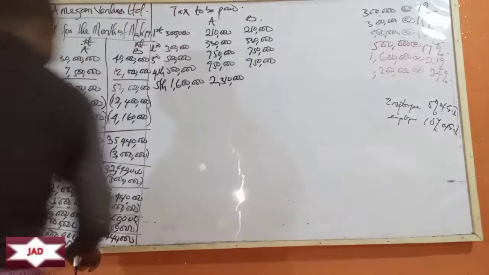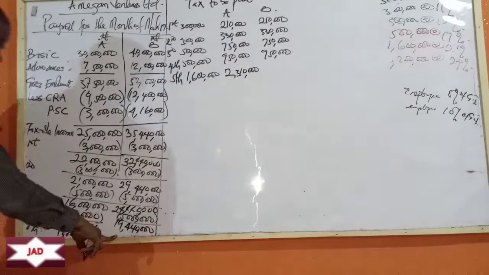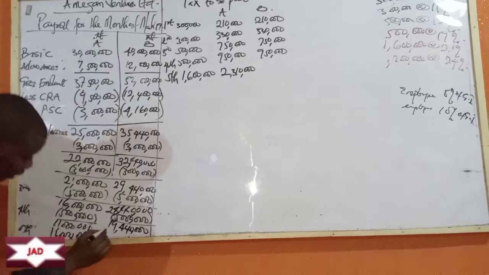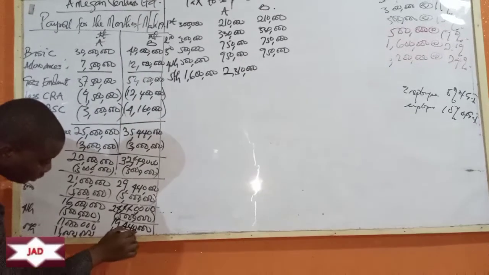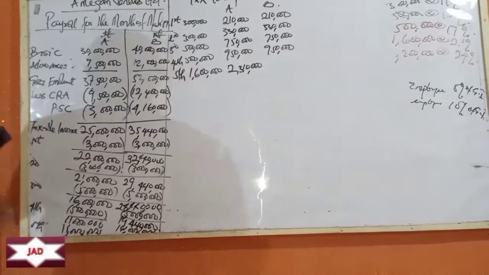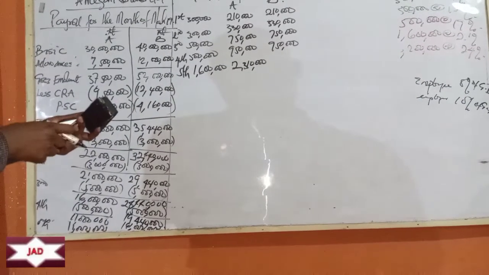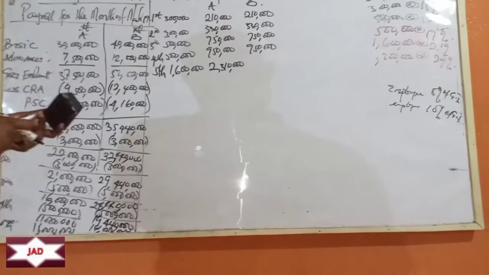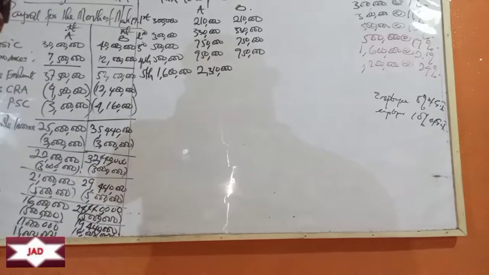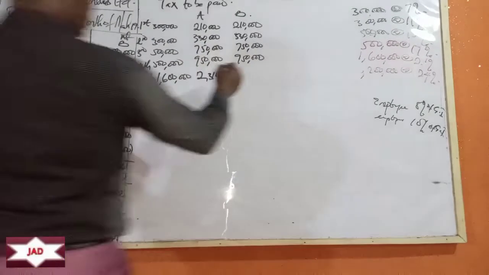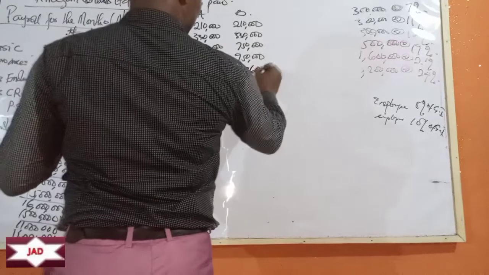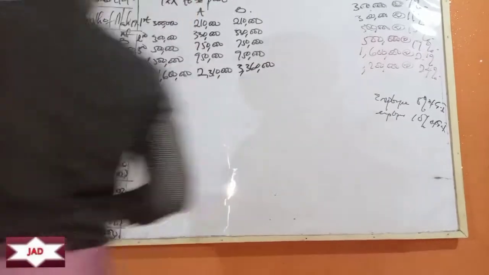But this guy still has enough. He can still take 16 million, right? So that means you're going to have 0.21 times 16 million. Okay? That's 3,360,000.